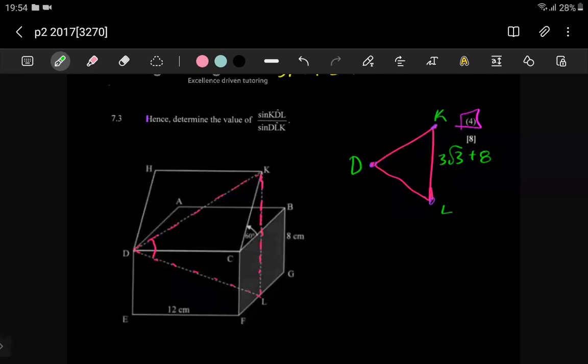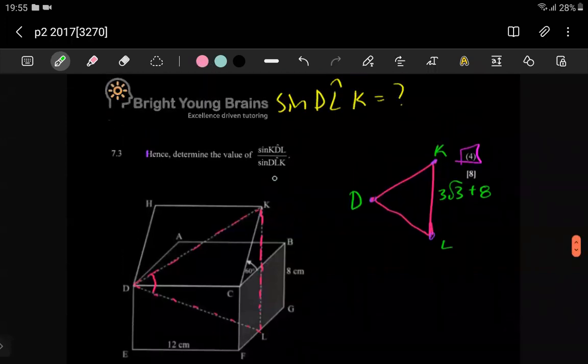It's quite interesting. But the fortunate thing is, in as much as we only have this KL here, if you really look nicely, we have this distance here, and the angle KDL is this angle here.